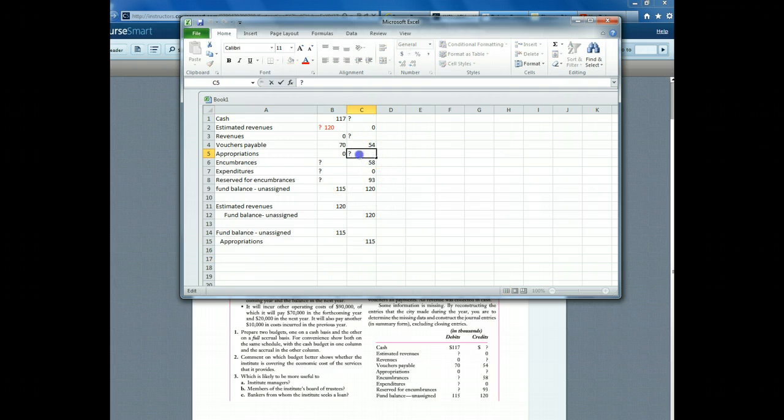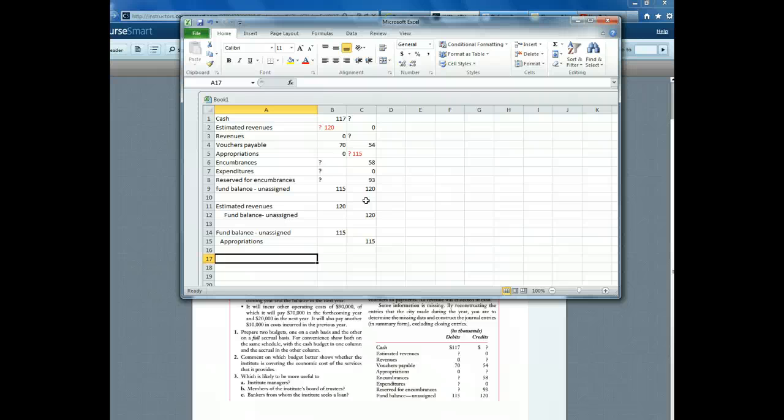Okay, so this appropriations one we didn't know, we now know the answer is 115, right? Okay, so then let's move on here. We have estimated expenditures of 55. Fund balance unassigned.